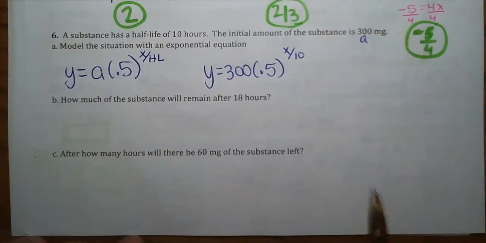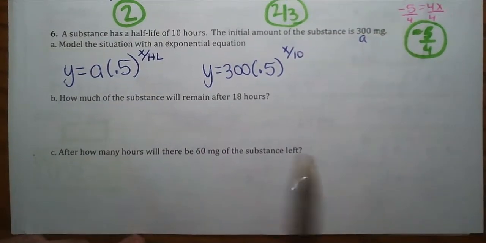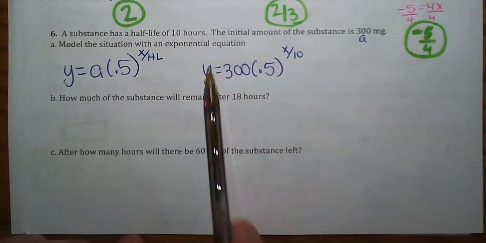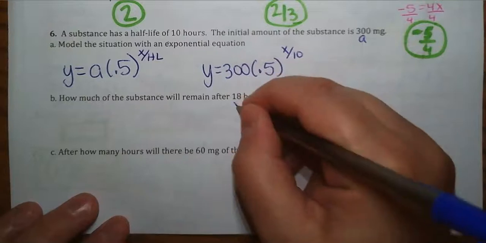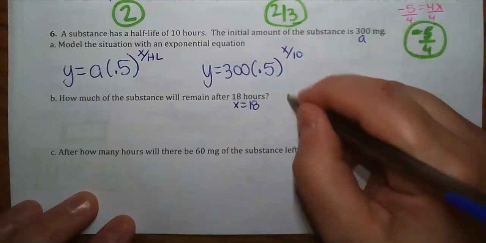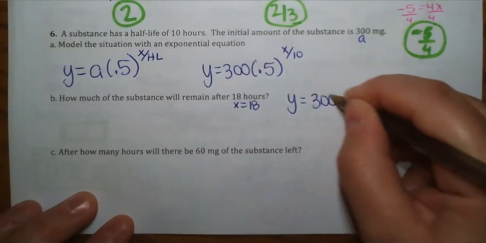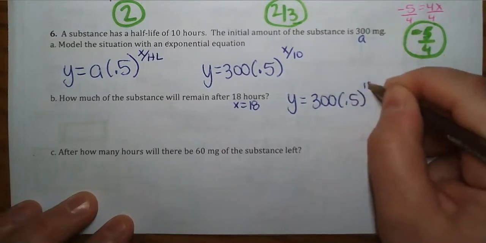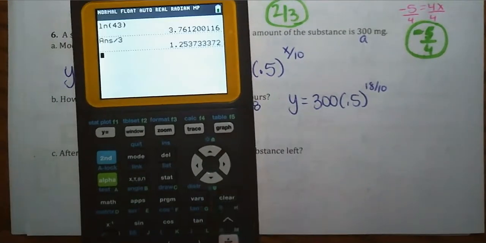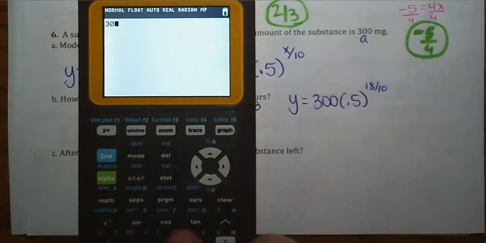Now, the next question says, how much of the substance will remain after 18 hours? In that formula, X is time, so this is telling us to plug in 18 for X. So what I would do to answer this question is put in 18 for X, and grab my calculator here. So 300 times 0.5.